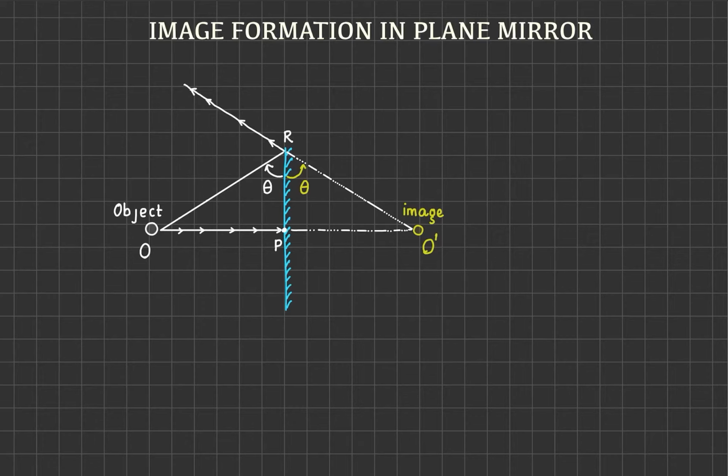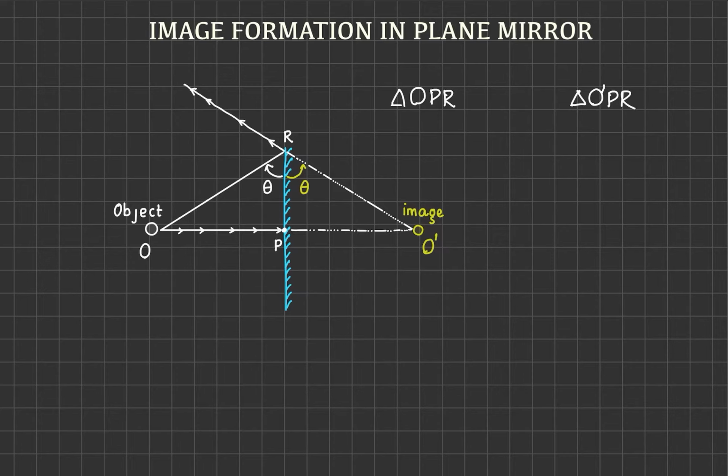Now if we talk about some properties, what do we find out here which we will need in future to solve the problems easily? See here, we get two triangles. One triangle is OPR, another triangle is O dash PR.